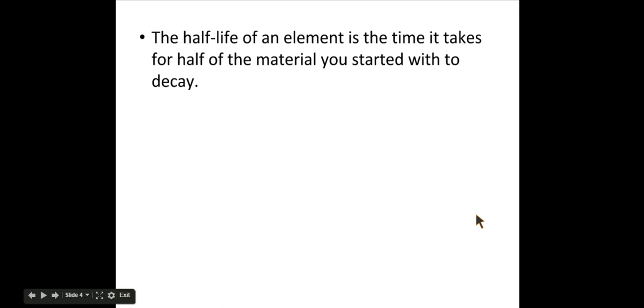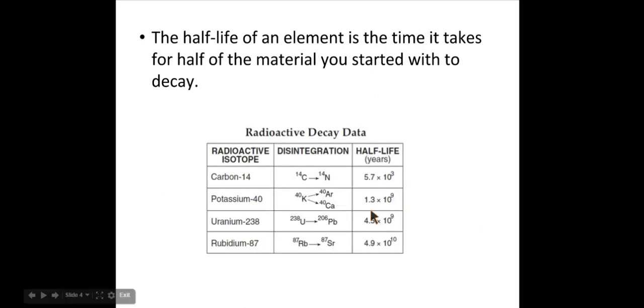The half-life of an element is the time it takes for half of the material you started with to decay or to change into something else. So if we go back to carbon here, remember carbon-14 will decay into N14, and this is the half-life. So 5.7 times 10 to the third. We can also say 5,700 years. That's how long it takes for half of the amount of carbon found in a sample to decay or change into nitrogen-14.